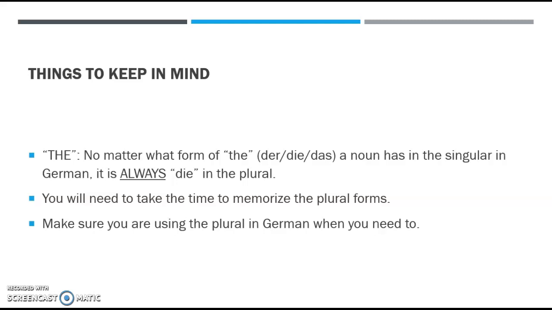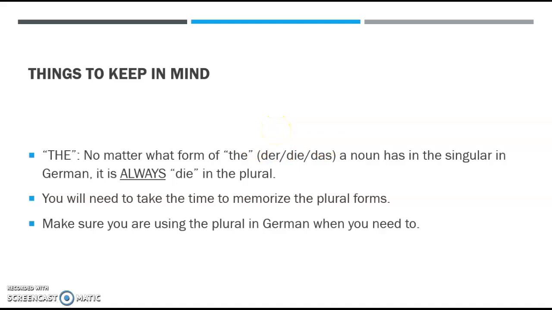So again, if you're talking about pencils, even though it was der Bleistift, in the plural, it's going to be die Bleistifte. So it doesn't matter if the form of the was der, die, or das in the singular. In the plural, it's always going to be die. So it'll switch to die in the plural, even if it was der or das before.